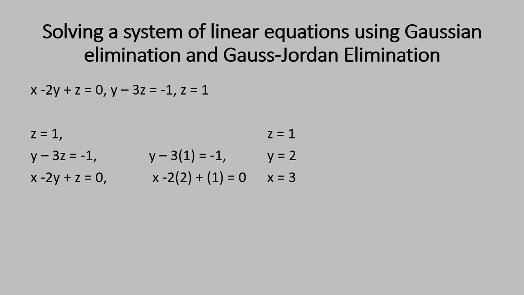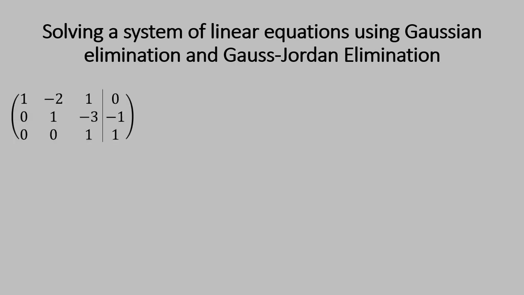Now we could go a bit further with the question. Remember where we stopped, that we call row echelon form. Now we could go to what is called reduced row echelon form, where we take it a bit further. So let's do that. As it is here, our matrix is in row echelon form.